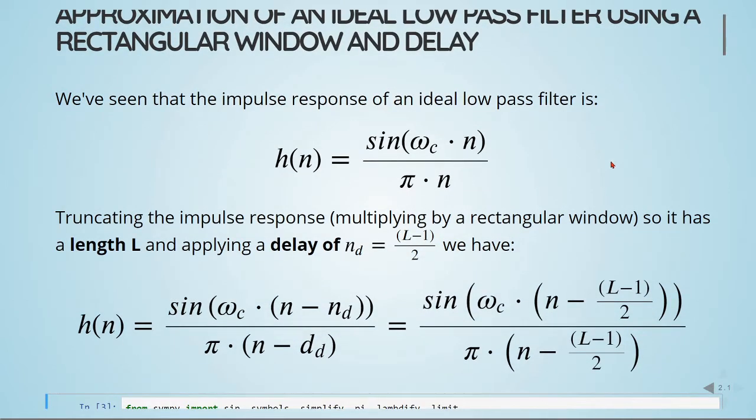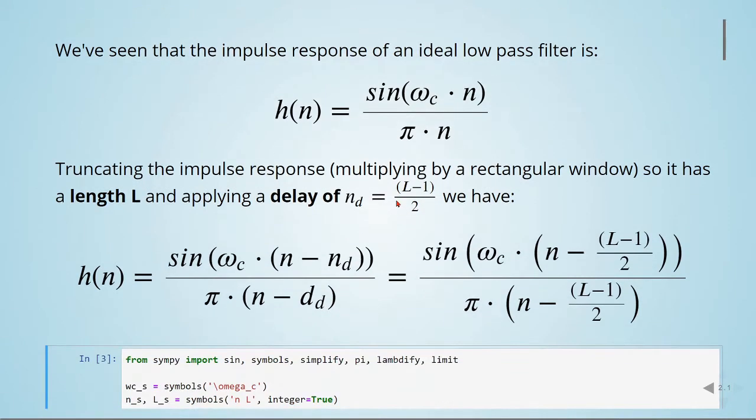Truncating the impulse response, so multiplying by a rectangular window of length L, and applying a delay of nd equals L minus 1 divided by 2. So we're replacing n here, and we will make this delay equal to L minus 1 divided by 2.